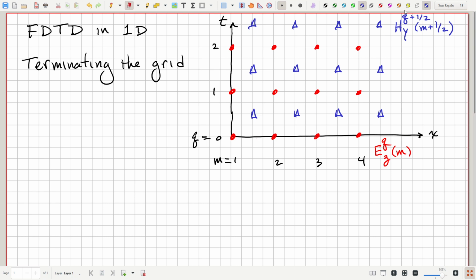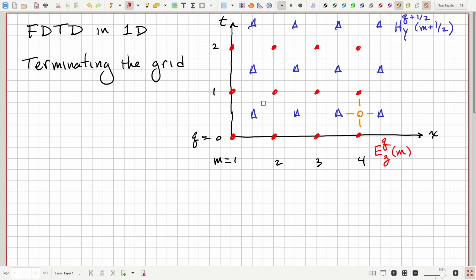Now, remember our update equations. Any place where we can make a central difference in space and time, we can do an update. All right? So we get the spatial derivative here of HY, and we relate that to the temporal derivative of EZ, and then we can go, if we know these values of HY and this value of EZ, we can go to the next value of EZ.